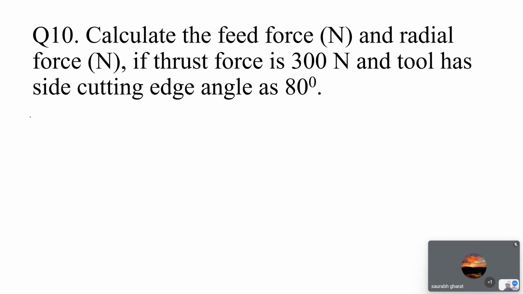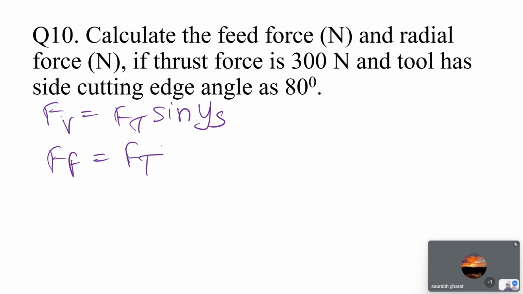Because you know FR is equal to FT sin phi s, and your FF is equal to FT into cos phi s. It's simple, isn't it? You know FT and you know phi s.